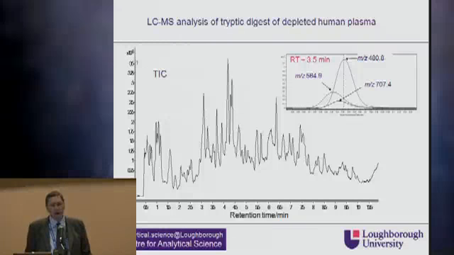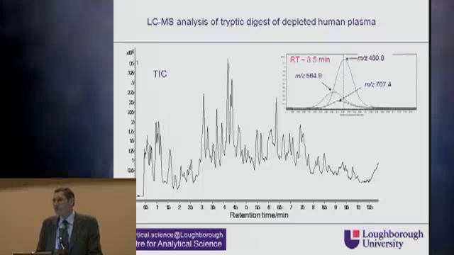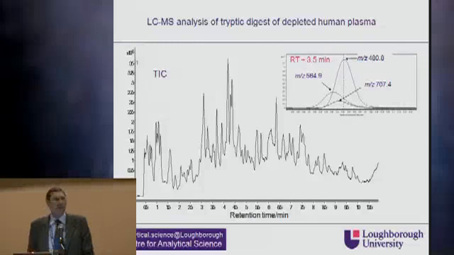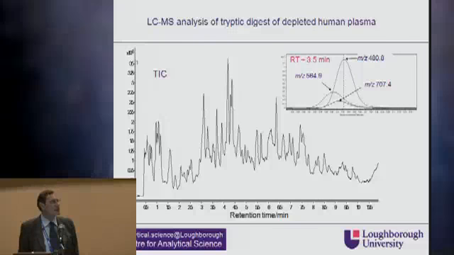And even if you go to one particular retention time at 3.5 minutes, we can see that there are several peptides, here at least 3 identified, m/z 480, 707, and 546, which are co-eluting at that particular moment. And they're not the only peptides co-eluting at that particular retention time.